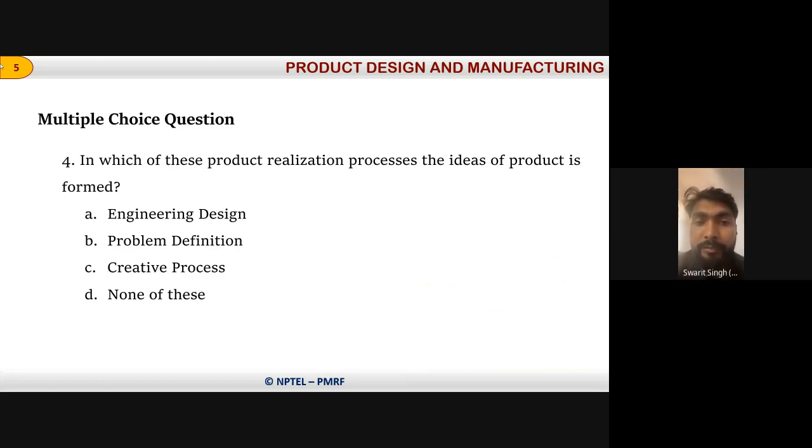So at which stage do we get the idea of the product?